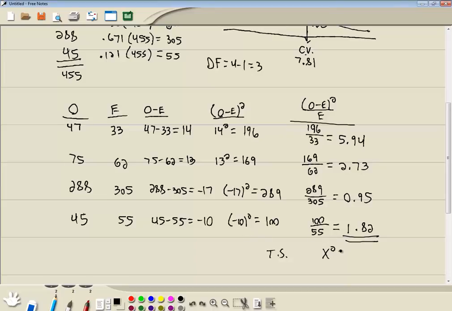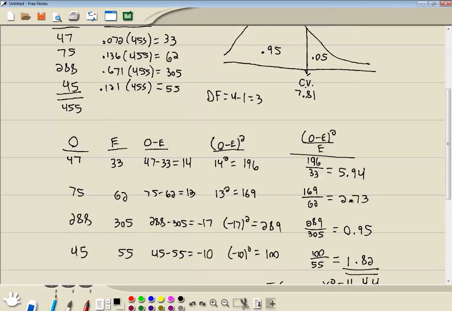So chi-square, our test statistic. If I add those together, let me double check that. That's 11.44.